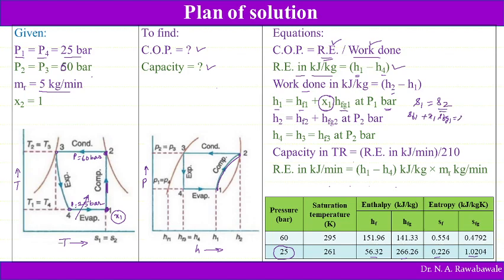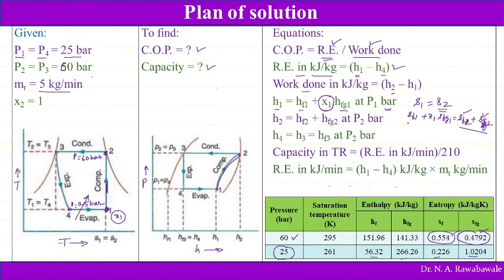Entropy at point 2 is SF2 plus X2 SFG2, as we have already studied. So here we know SF2 and SFG2 corresponding to pressure P2. These values are known from the steam table.